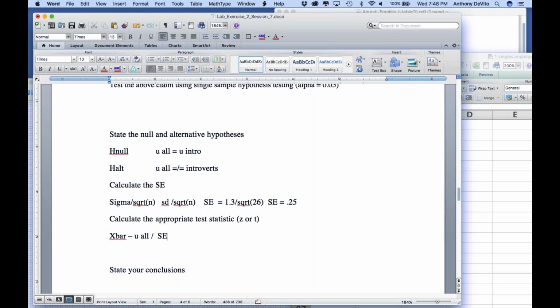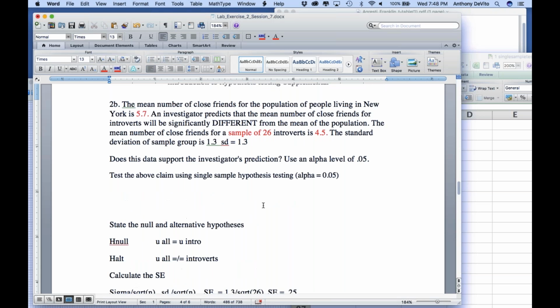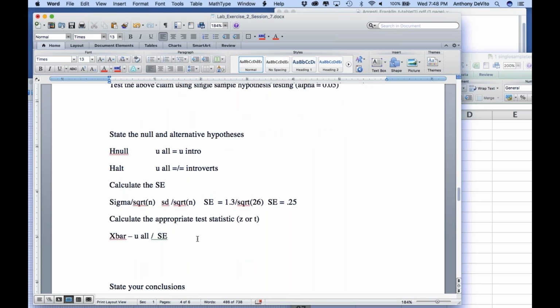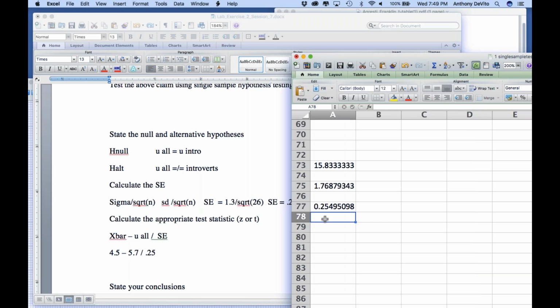The value for my sample is 4.5, and the value for all people in New York is 5.7. So that's equal to 4.5 minus 5.7, divided by my standard error, which is 0.25. Let's see what that is.